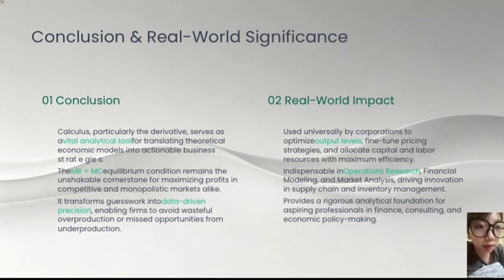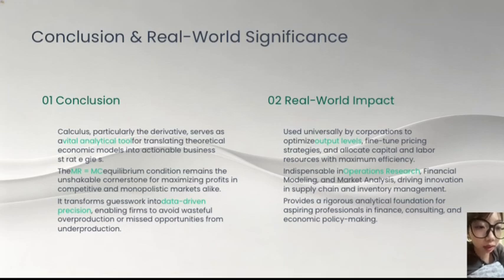Second, the rule MR equals MC is the key way to get maximum profit for all kinds of markets. Third, this method uses real data instead of guessing, so companies can avoid making too many or too few.